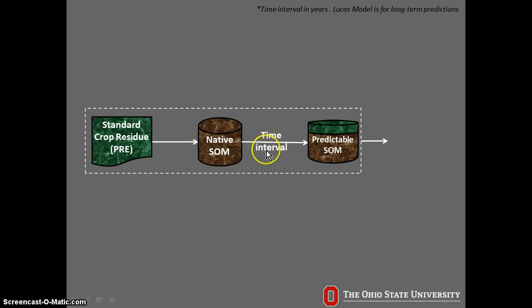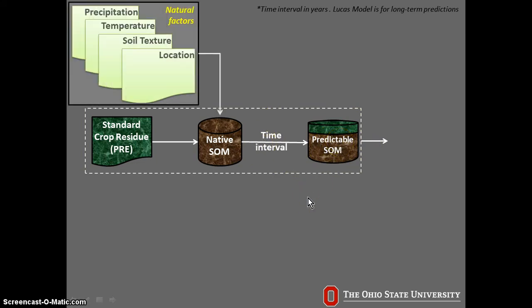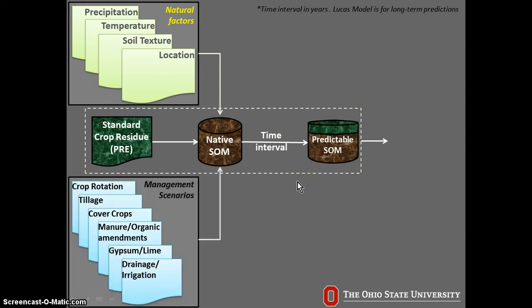And then over a period of time, both these fractions decompose at different rates, and eventually you get a certain fraction of each of these pools to form the total organic matter. Now these decomposition rates definitely get affected by some of the natural factors as well as some of the management practices that you have in the field, and also there are some losses of organic matter due to soil erosion.